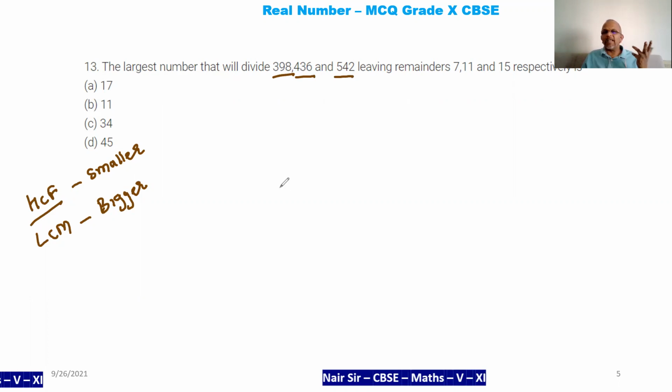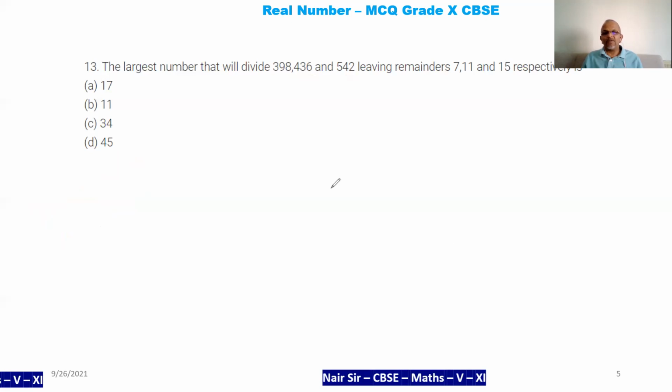So what will I be finding? I'll be finding the HCF of these numbers. And if the number would have been bigger, in different questions, you would have to find the LCM. Okay. So find the HCF. Now in this scenario, they're telling you 398. You have to subtract 7. This will become 391.